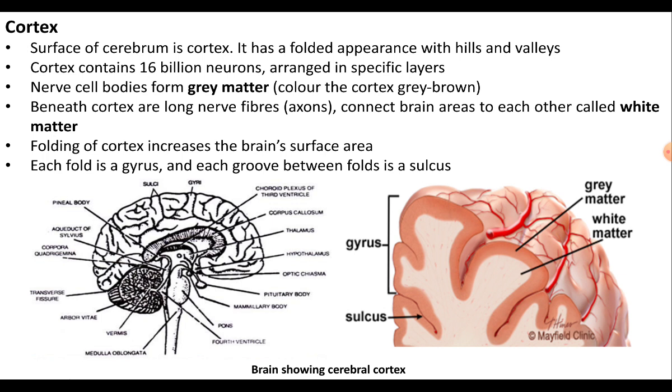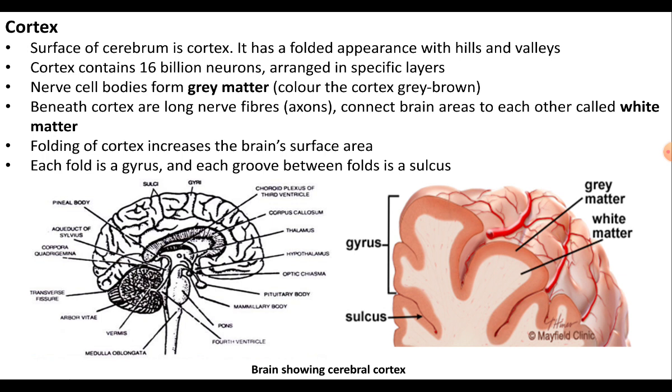The cortex is made up of about 16 billion neurons, arranged in specific layers. These neurons have a grayish brown color, hence the cortex area is also known as the gray matter.